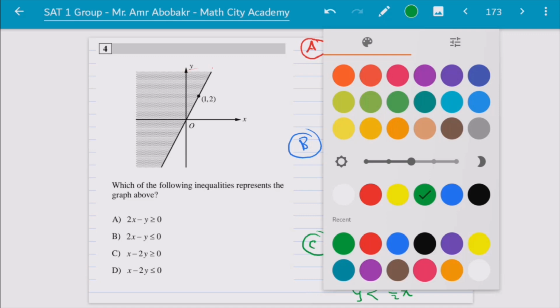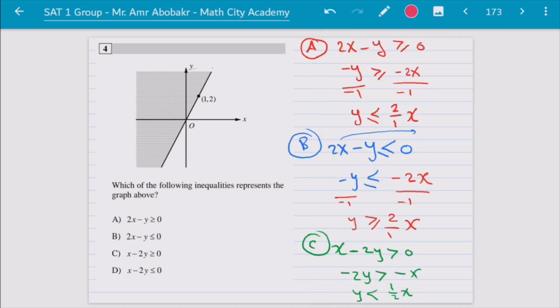Let's try D: x minus 2y smaller or equal to 0. So negative 2y smaller or equal, bring x to the other side, negative x. So divide by a negative number, and don't forget to change the direction, so it will be y greater or equal 1 over 2 x.